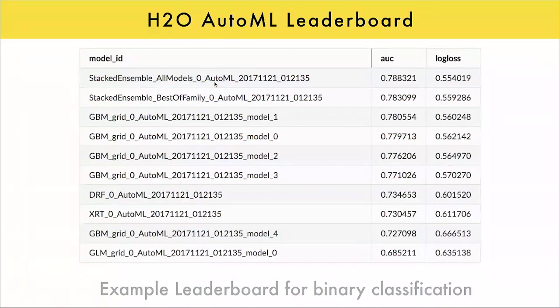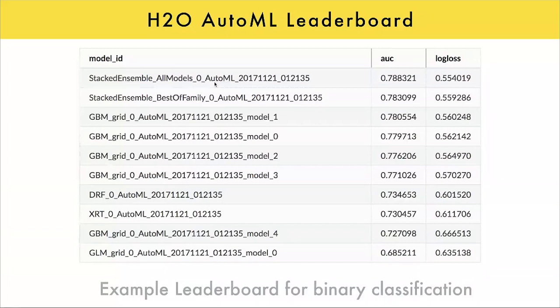This would be a small AutoML run of 8 or 9 models, and it did a little bit of a GBM grid search, a little bit of random forest, and it had a GLM. It didn't have time to do deep learning, or that is cut off from this screenshot. This is actually real results from the Higgs data set, which is a sample binary classification data set.